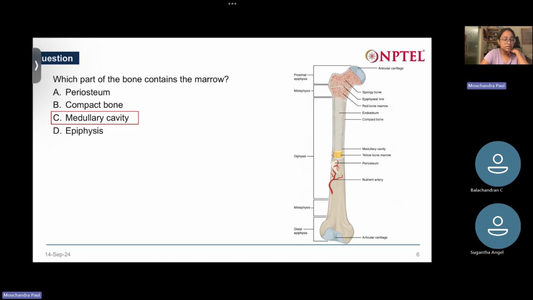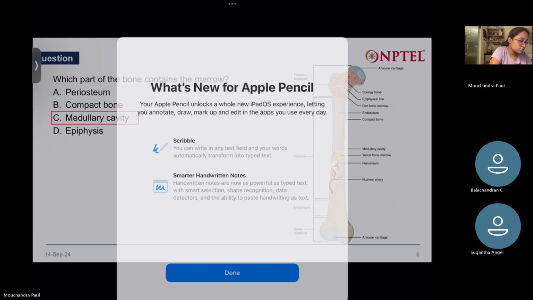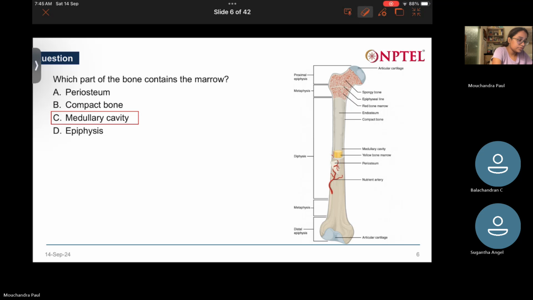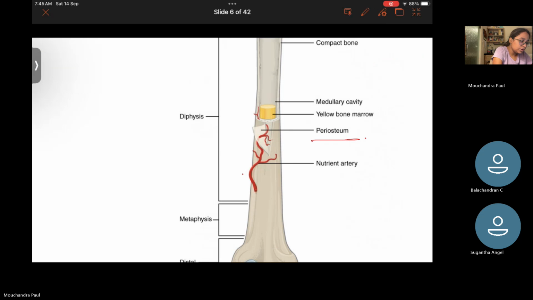If you see, this is the structure of the bone, and the periosteum is the outermost layer of the bone, the membrane-like structure.